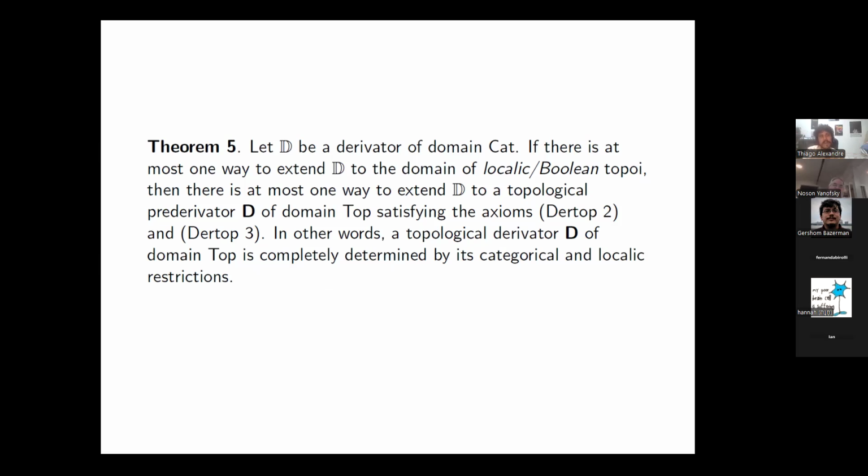If two topological derivators agree on the domain of categorical toposes and on the domain of localic toposes, which are toposes of sheaves over locales, then they agree on the entire domain of toposes. They agree for all toposes. That's what this Theorem 5 claims.